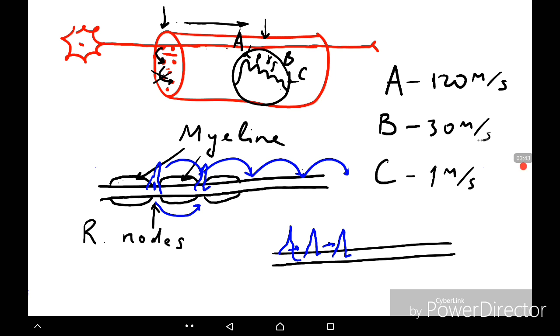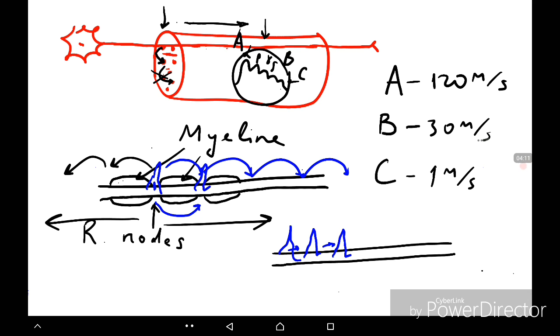So let's illustrate it on our myelinated nerve fiber. In that case, the action potential will go not only to the right side, but also to the left, and it will propagate to both ends of the nerve fiber.